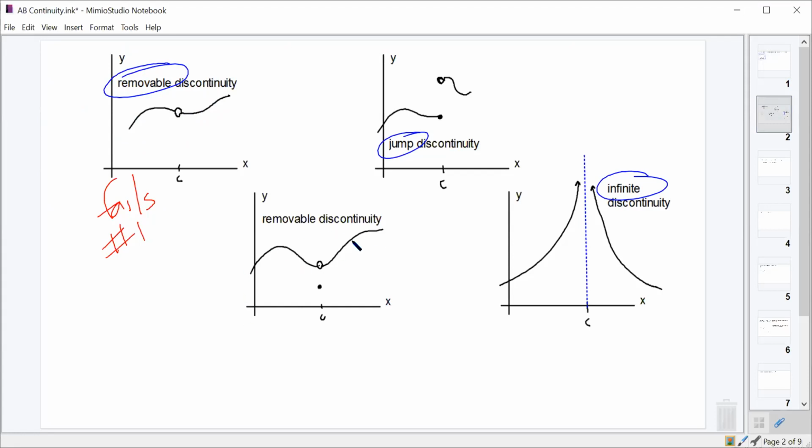What about this one? Is f of c defined? Yes. What about criteria 2? Does the limit as x approaches c exist, coming from both sides? Yes, I'm approaching the same number. That limit exists. But what about number 3? Does the limit equal the value of the function? No. So this one fails number 3.